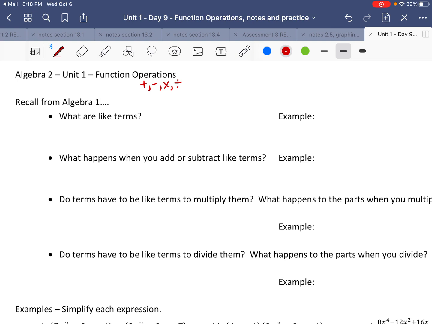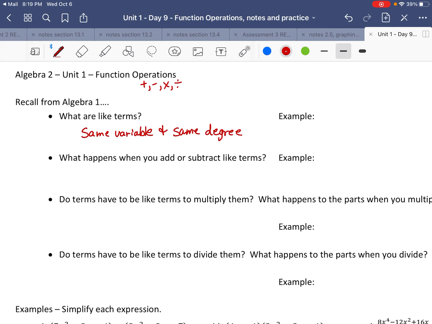Like terms have to have the same variable and the same, we'll call it degree. The degree is the exponent of something. So when something has an exponent of 2, then you call it degree 2, that type of thing.